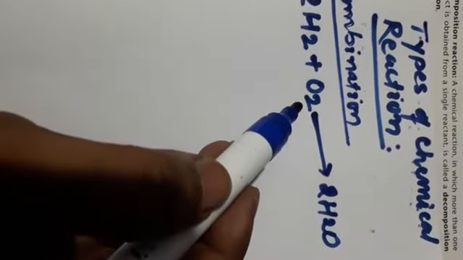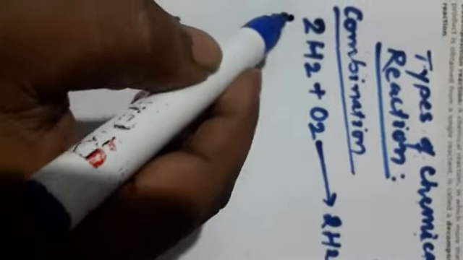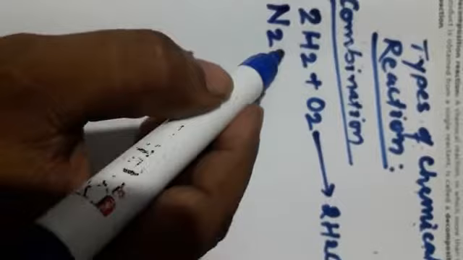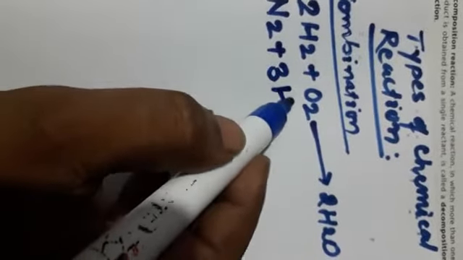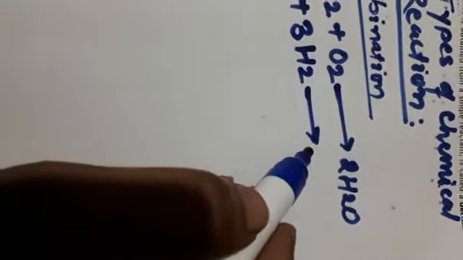So what happens? The hydrogen and oxygen, when they combine together, form water. Another example: N2, nitrogen, and 3H2, three molecules of hydrogen, when combined together, form ammonia, 2NH3.